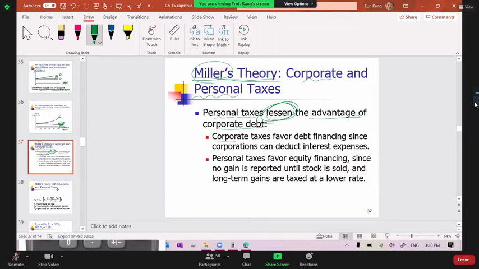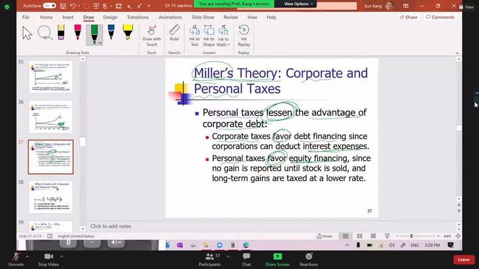Why? Corporate taxes favor debt financing since the corporation can deduct interest. So interest expense is a simple tax benefit, right? But personal taxes favor equity financing. Why?